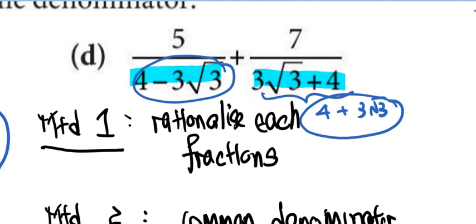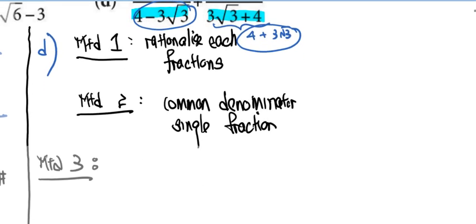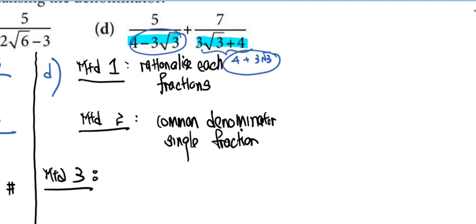But my method 3 will be faster because I don't need to do term by term expansion. So I'm going to do method 3 now. What does method 3 require me to do? Common denominator, but I'm also multiplying by the conjugates.